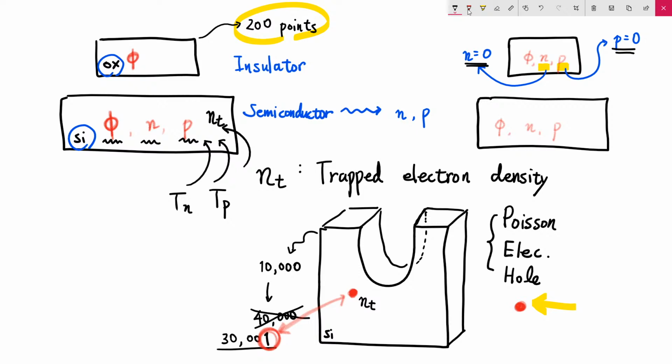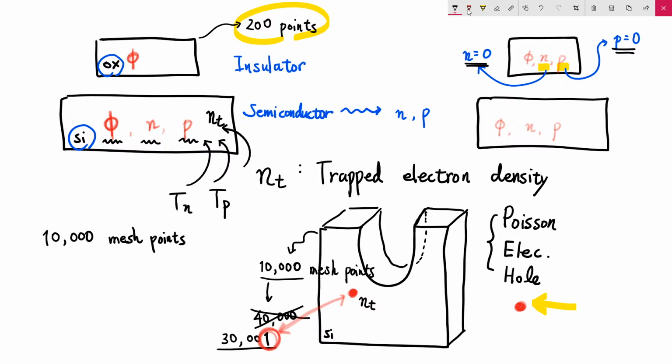Okay, so thank you, Mr. Han. I assume that there are 10,000 mesh points. Before introducing our trap, we have 10,000 silicon mesh points, and that is given.